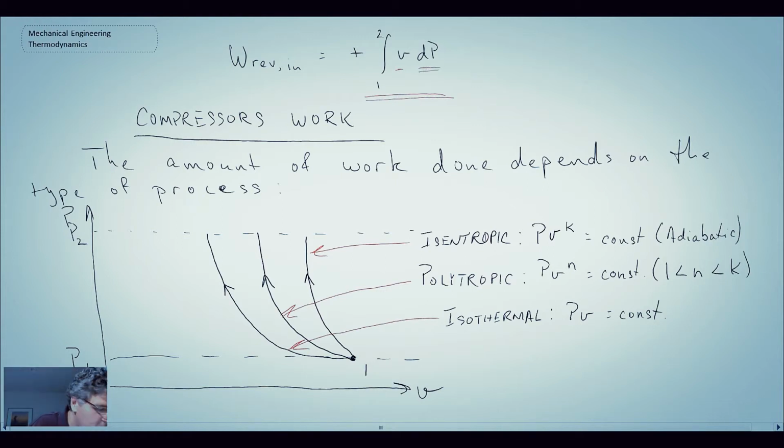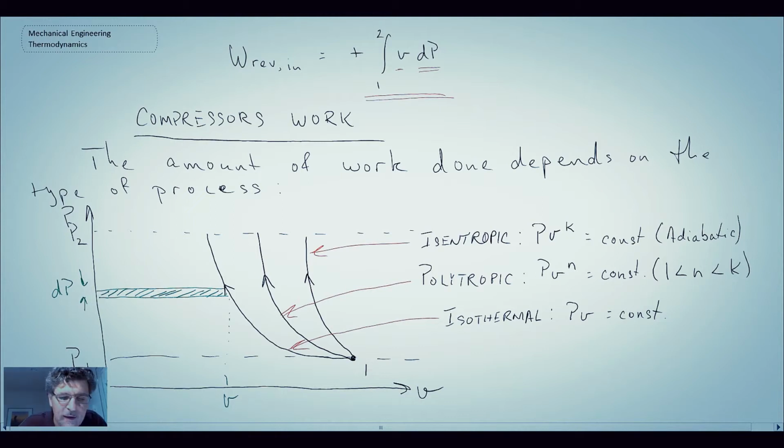So I'm going to write out a differential element on one of our curves. We'll call this here dP for a change in pressure. And the specific volume in our reversible work equation, we'll sketch down, that would be a value down here.